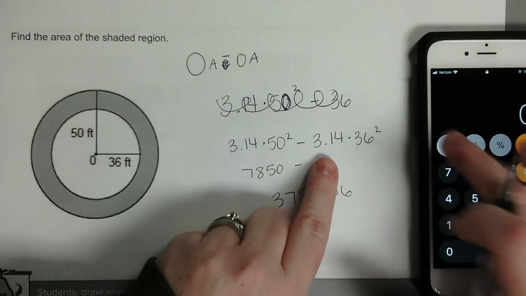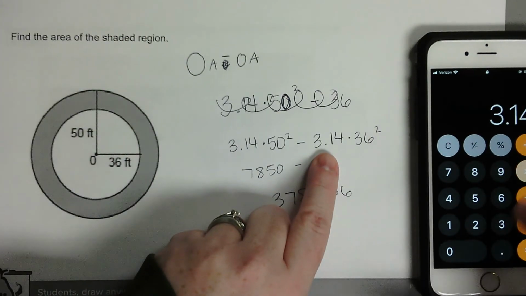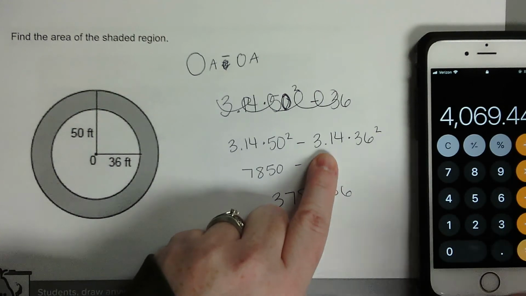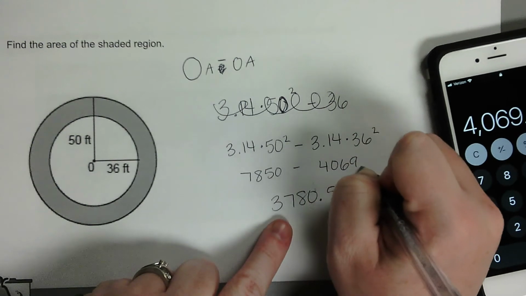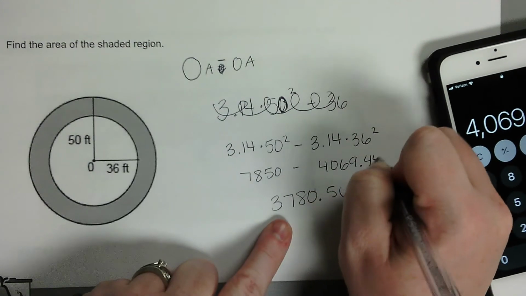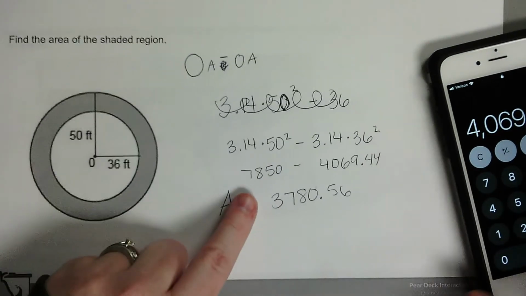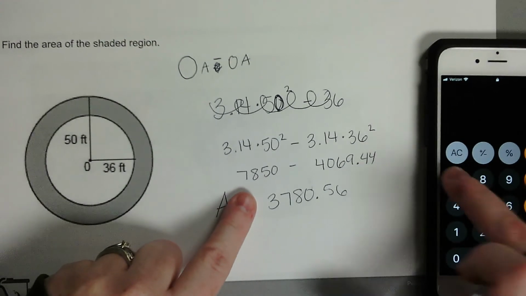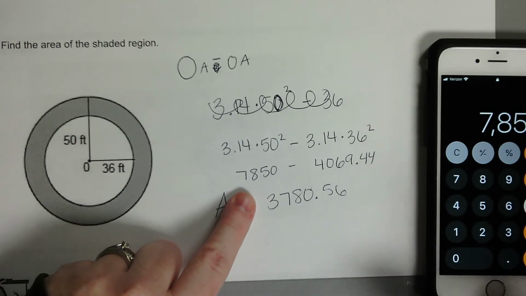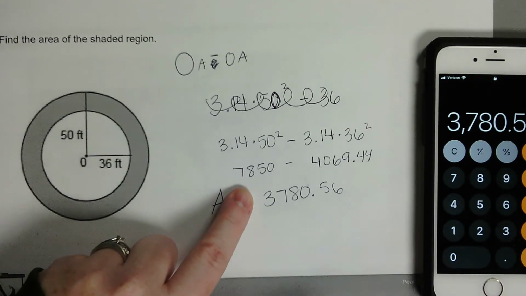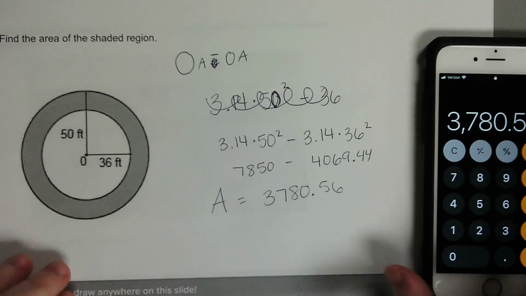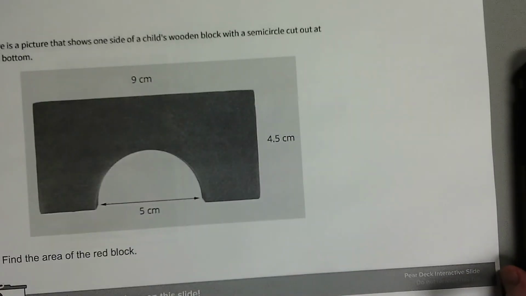Let's see, what is the area of this one? Times 36 times 36. Okay, here's the truth. Make sure our equation lined up correctly. Sure enough, it did. Alrighty.